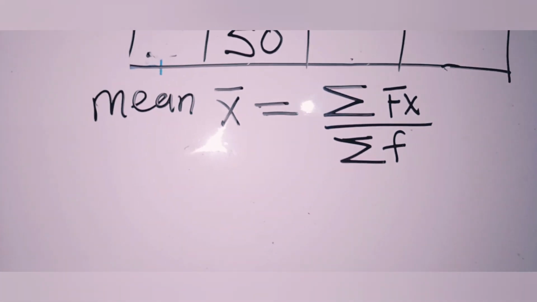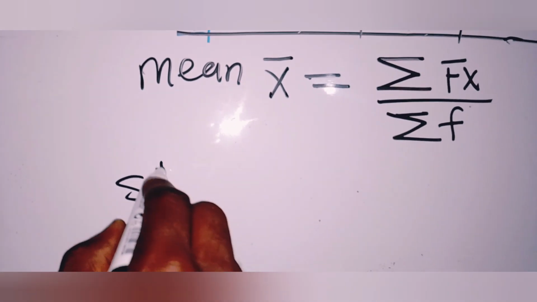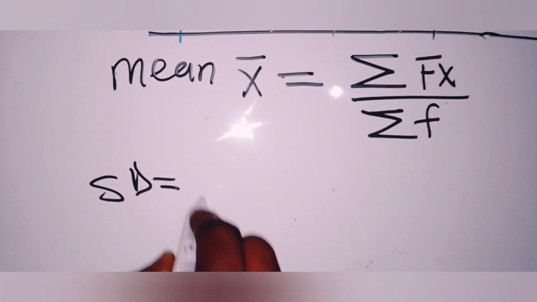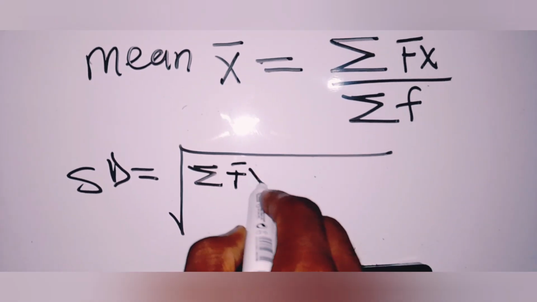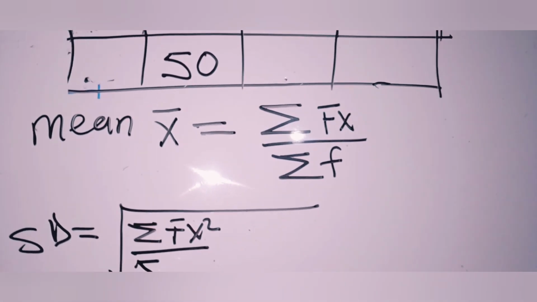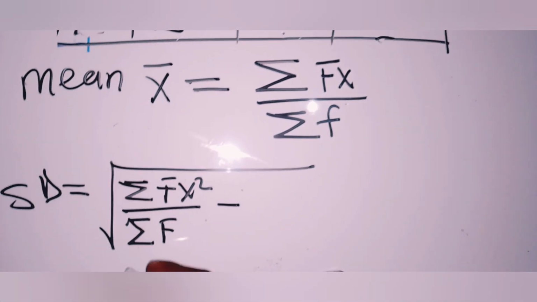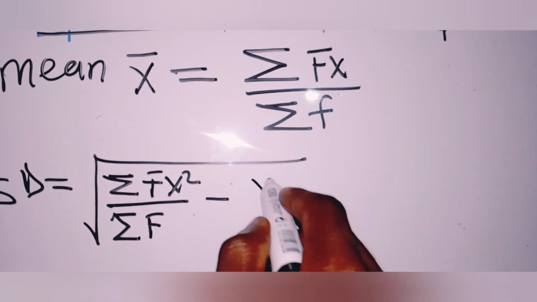Okay, so now how do we find the standard deviation? You know the formula. Standard deviation is equal to the square root of the sum of fx squared divided by the summation of f, minus, which means this and this go together first, and then minus x bar squared.